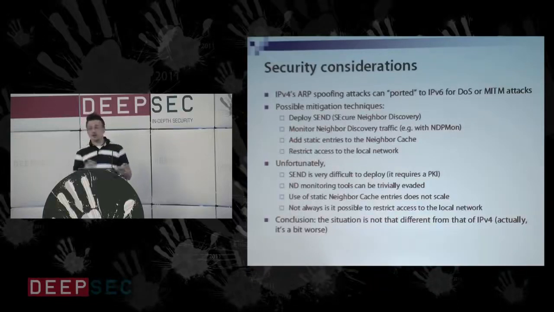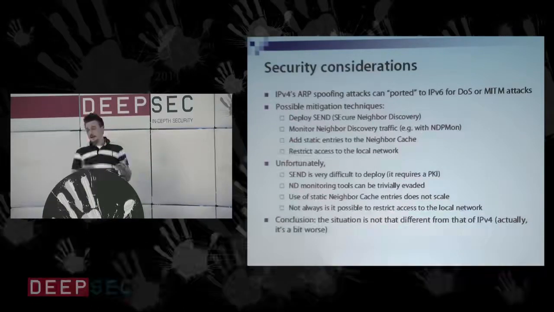Then, not to prevent, but to actually detect neighbor discovery attacks, you could do neighbor discovery traffic monitoring, which should be analogous to what you probably do with IPv4 with ARPWatch. The only difference is that, again, in this case, traffic can get fragmented, so in practice, it's basically useless to do neighbor discovery traffic monitoring. Another option is, in some cases, to add static entries to the neighbor cache, analogous to what you could do before with the ARP cache.